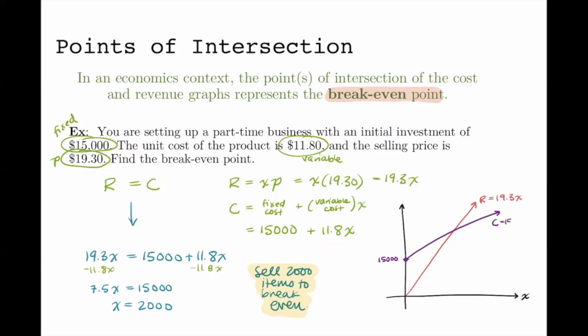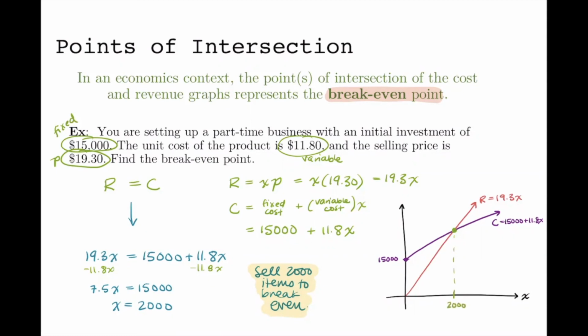So here's cost, 15,000 plus 11.8 times x. Now what we found is the place where they intersect, right here. The break-even point is where they intersect. So we found that the x value where they intersect is at 2,000.